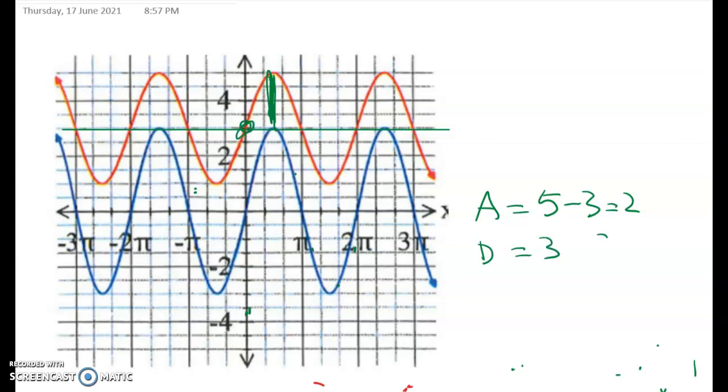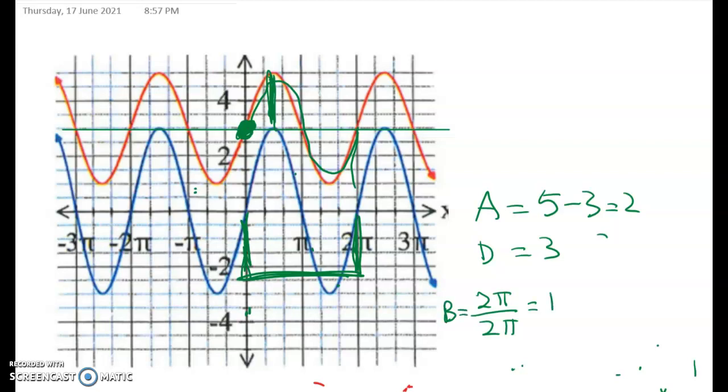Well, we don't have a horizontal shift. We're using a sine curve, and my starting point is right here, so that's very nice. We can see again that one full cycle is going to take me from 0 to 2 pi units, so the period here is just 2 pi.